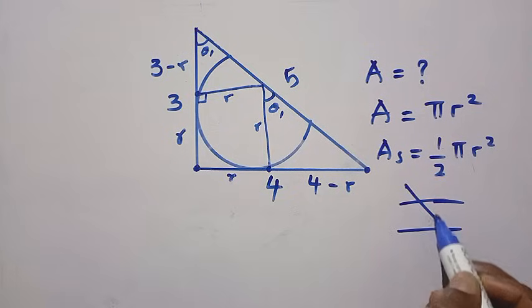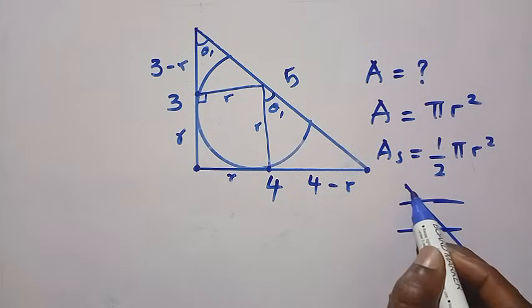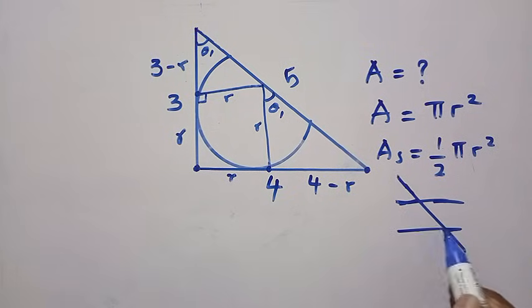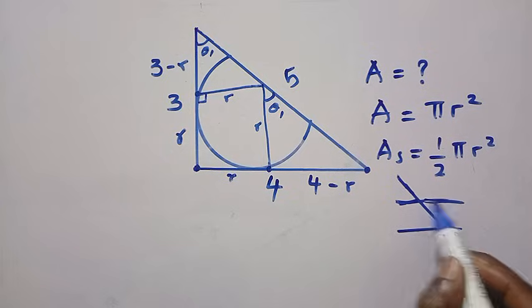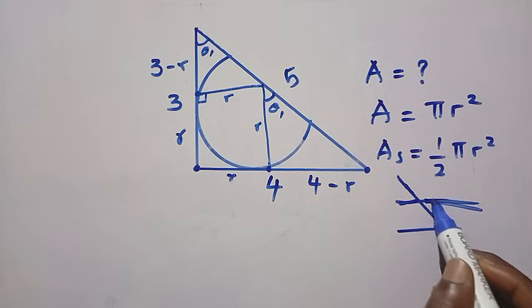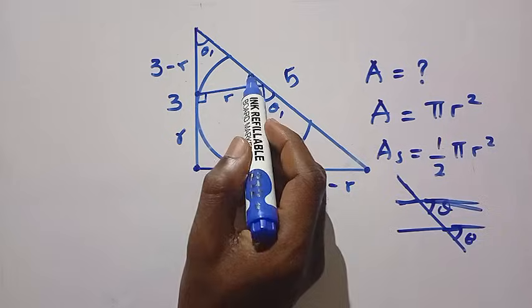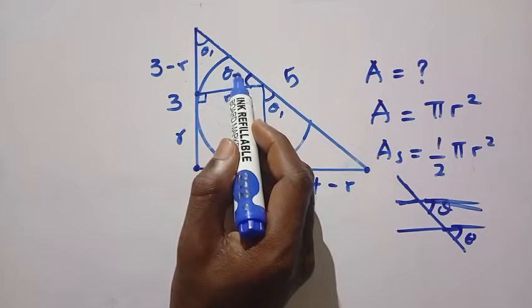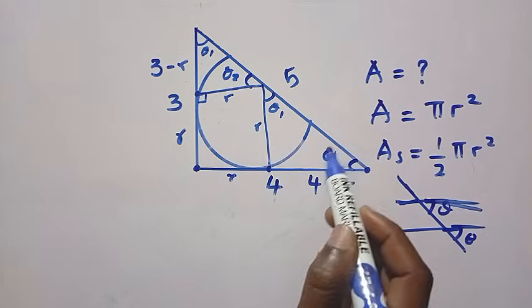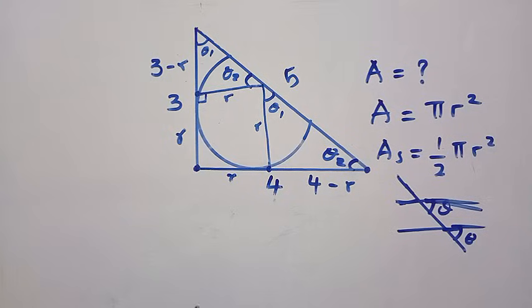So anything that happens here happens here. So if this is an angle theta, definitely this is also an angle theta. So they are corresponding to each other. Again, if I call this one theta 2, this is also theta 2. That also corresponds.